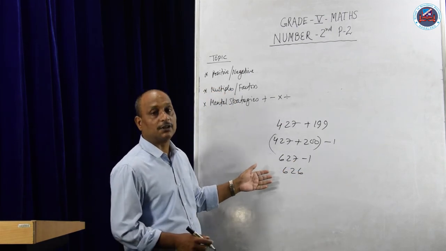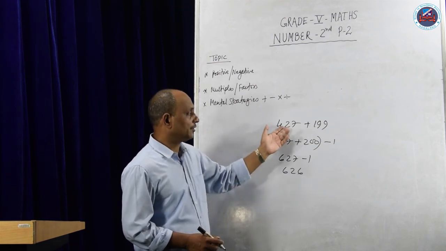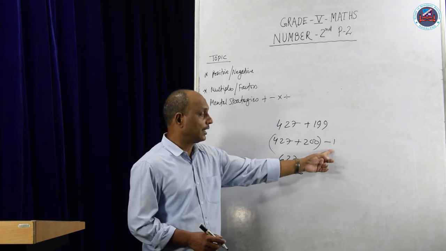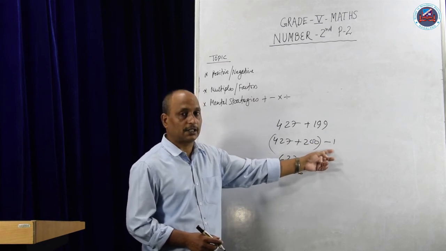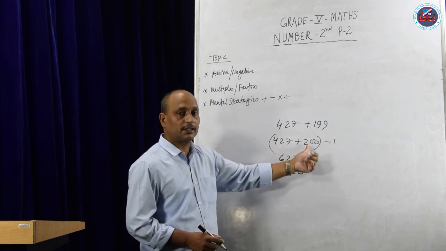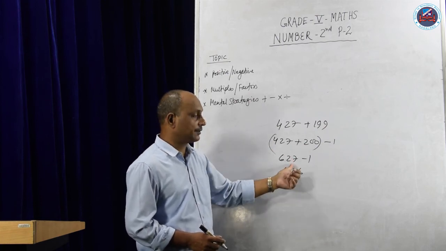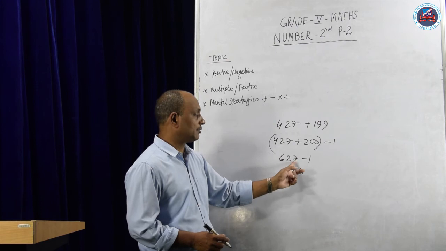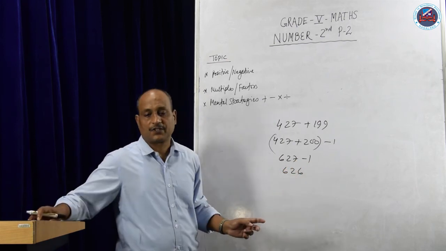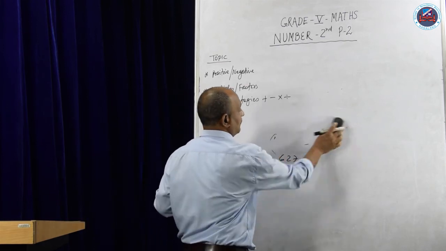See, it becomes so easy. 427, 200, how many more? 1, so 1 will be subtracted later on after adding up. We add 427 and 200, so 2 plus 4, 6, 27 is here, minus 1 subtracted from here, it becomes 626.